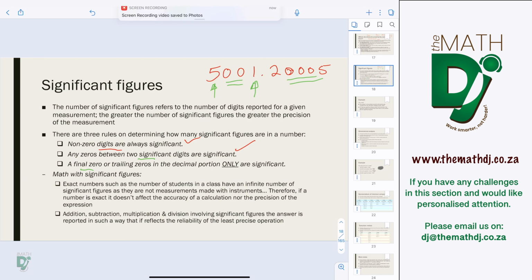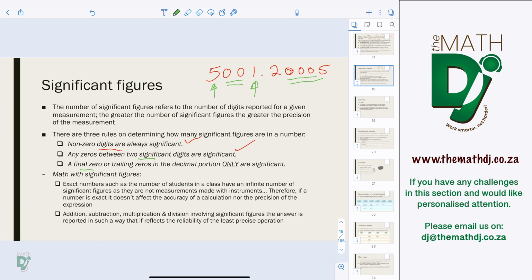So basically, exact numbers such as the number of students in a class have an infinite number of significant figures, as they are not measurements made with instruments. The accuracy cannot be limited to a particular decimal place or significant figure, because there are no errors that can be made.